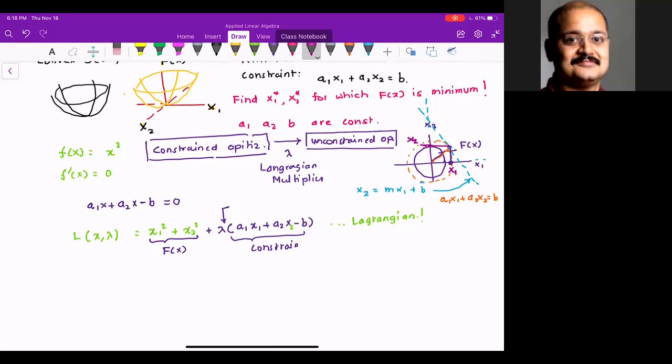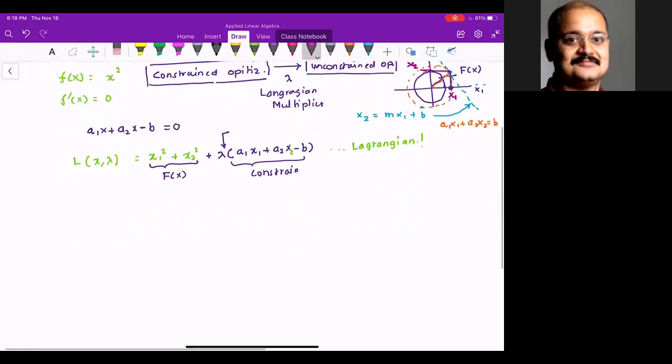So now I want to find out the values of x1, x2, but x1, x2 need to satisfy f of x, and they need to satisfy the constraint given over there. You agree with me? So that is what the Lagrangian multiplier means.